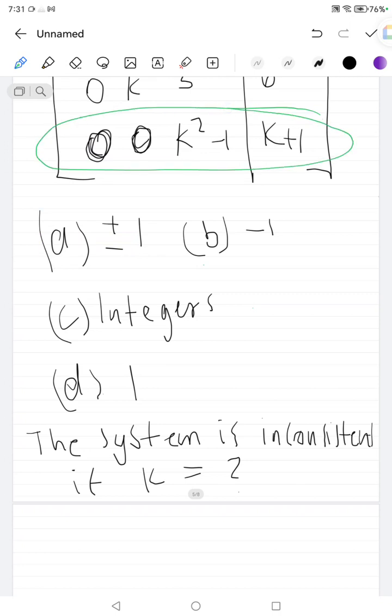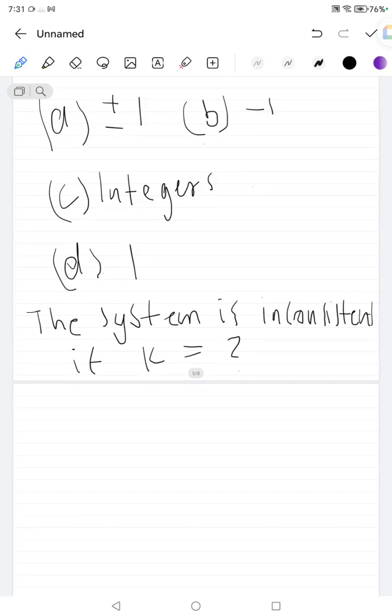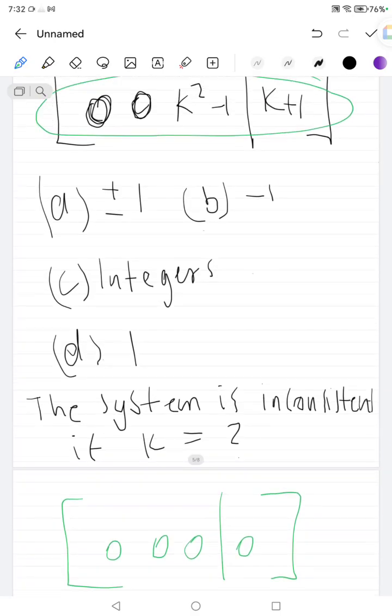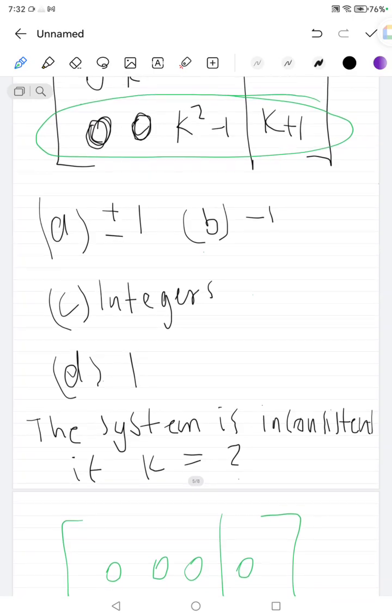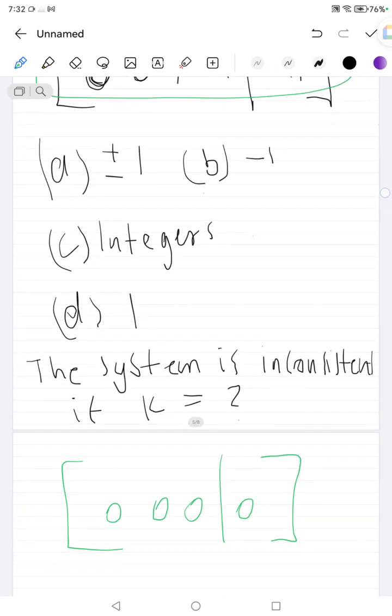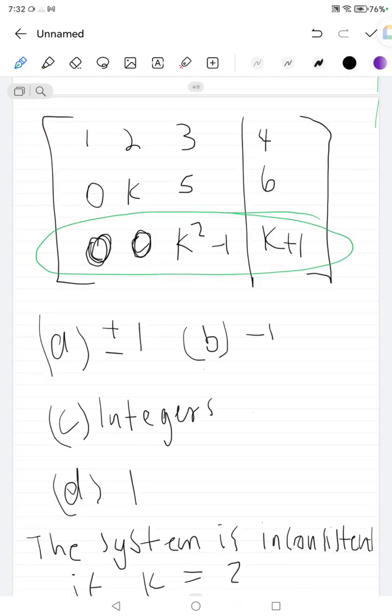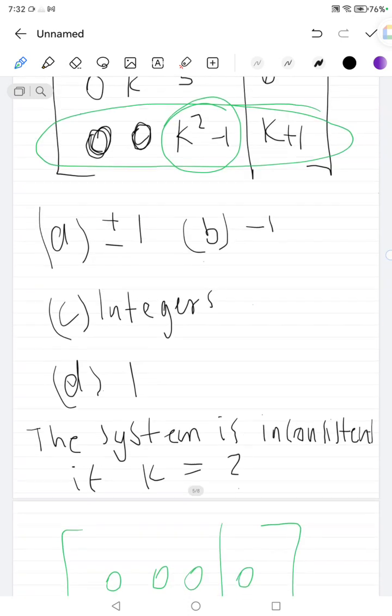If this thing is consistent rather than inconsistent, it means we're going to have a 0, 0, and on the right hand side we're going to have your 0. So your right hand side should be equal to your left hand side. So you can quickly solve for your k squared minus 1, and see for which values you get the same results on the left and the right.